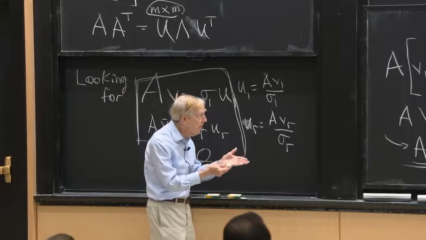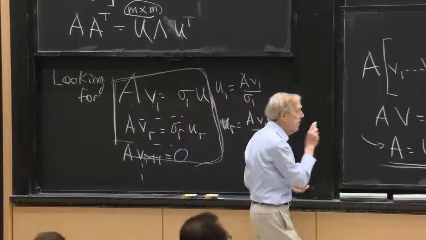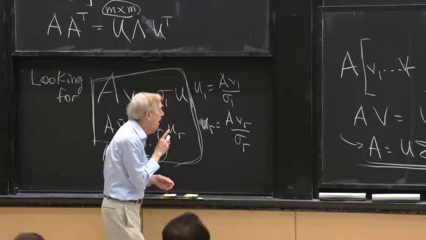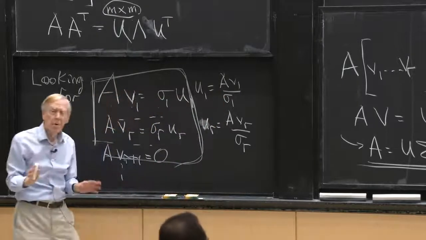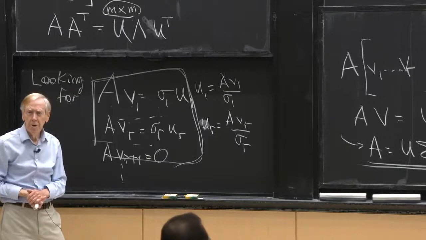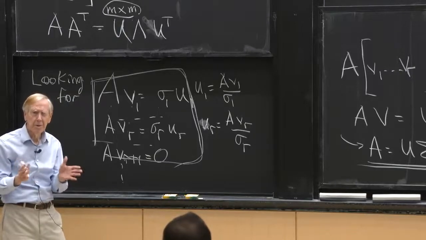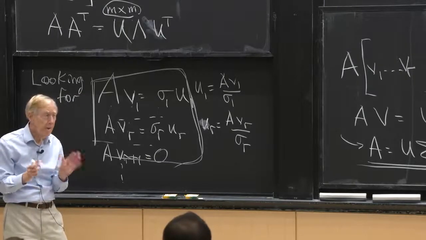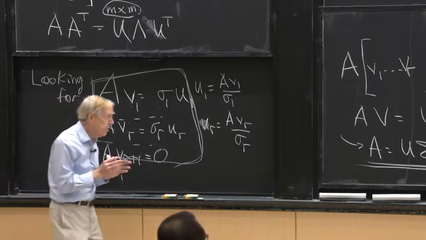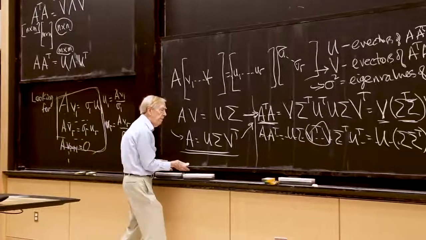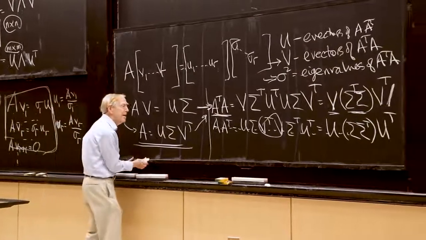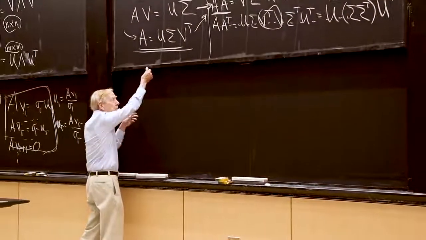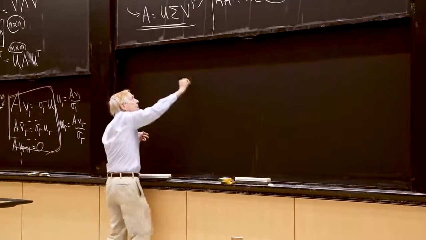If I've picked the V's as the eigenvectors of A transpose A, and then I take these for the U's, are they orthogonal? So I would like to think that we can check that fact and that it will come out. Could you just help me through this one? I'll never ask for anything again. Just get the SVD for me. Okay.